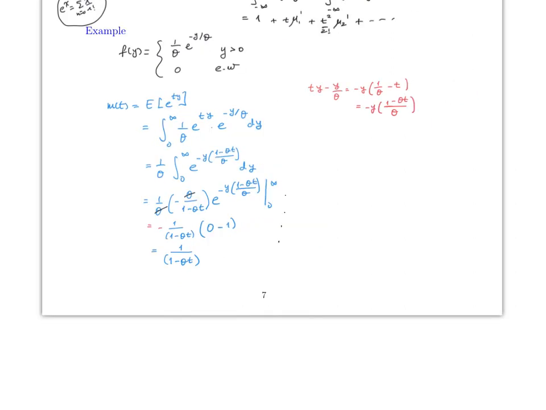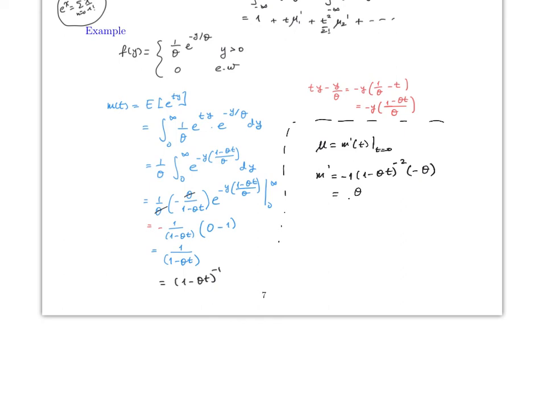So therefore, if you want to find the mean, well, remember the mean is the first derivative of m of t, and then you evaluate it at t equals 0. Well, m prime is going to be, you can rewrite this as minus 1 minus theta t to the negative 2 times minus theta, since you are taking the derivative with respect to t.